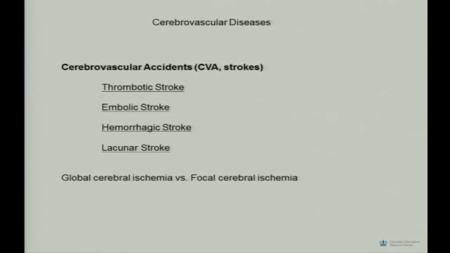Hemorrhagic strokes are going to cause global ischemia, okay, because it causes bleeding within the brain, reduced perfusion to essentially the entire brain. So thrombotic strokes are a result of a thrombus that forms usually because an atherosclerotic plaque has ruptured.